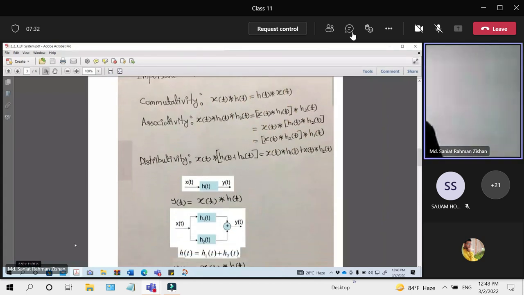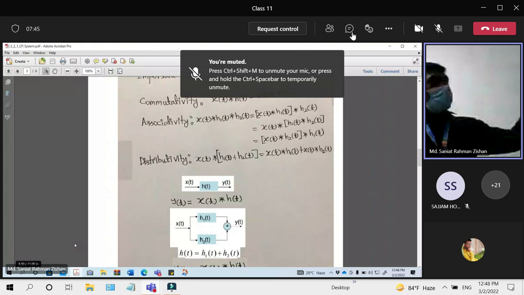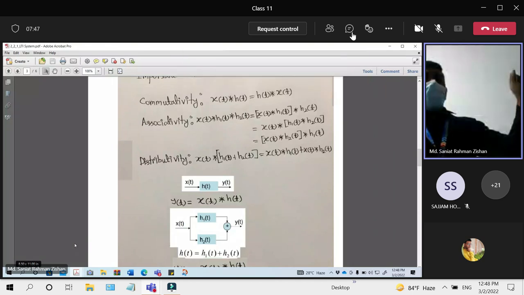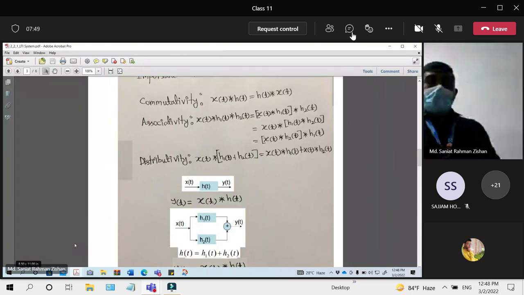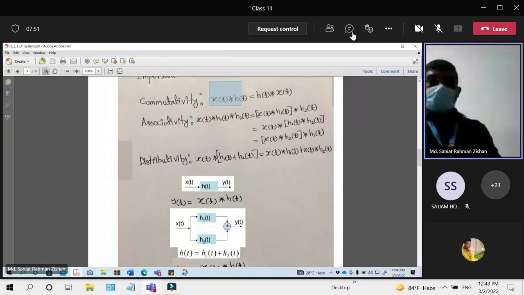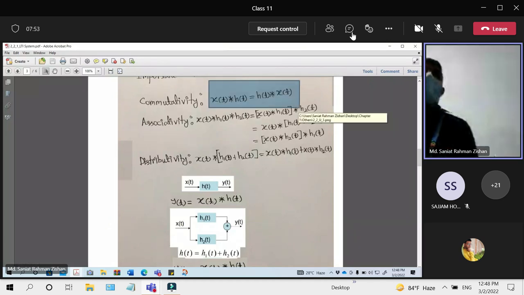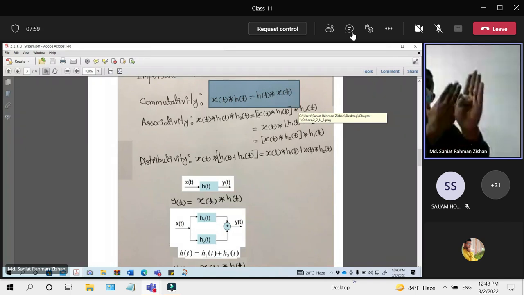The first one is called the commutativity property. If you look at this, x(t) convolution h(t) equals h(t) convolution x(t). What does this mean? It means that if you wish, you can interchange the two signals.